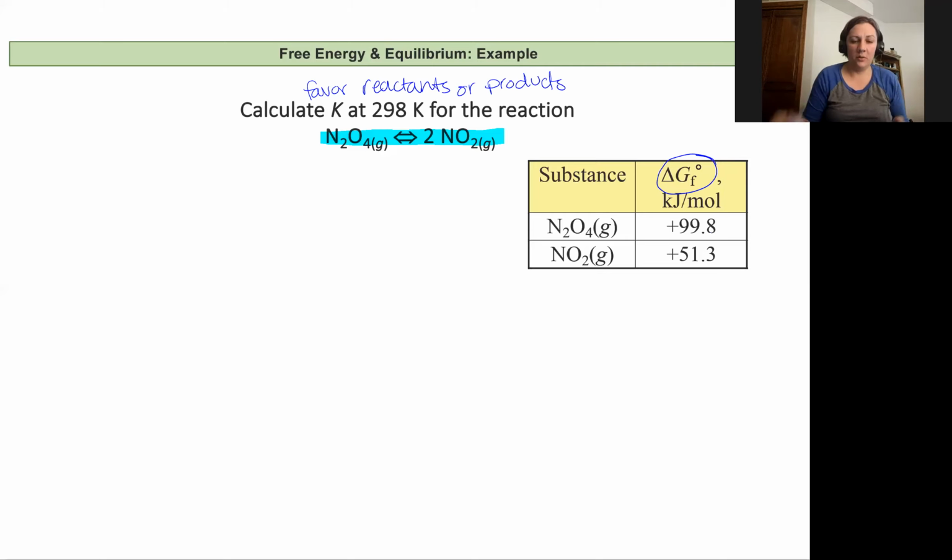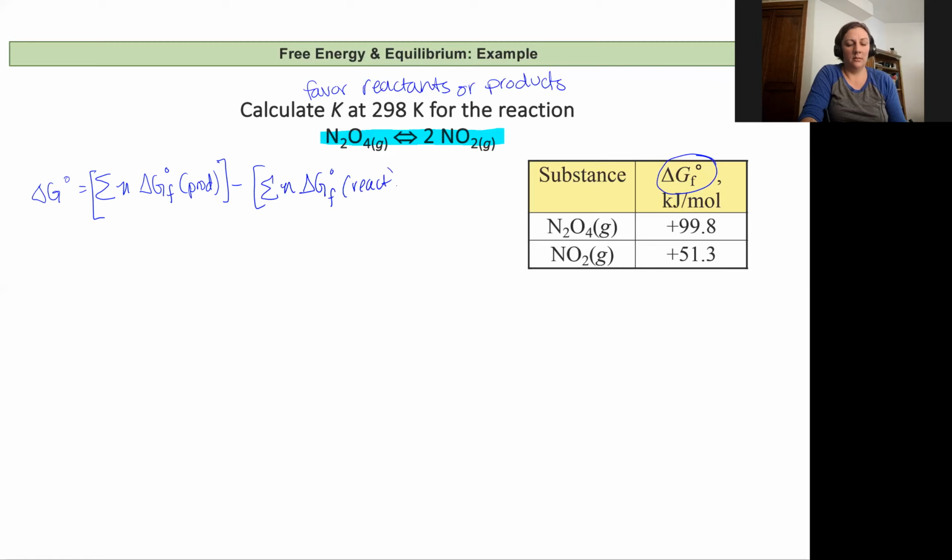So we're going to use two equations here. We're going to calculate the change in our standard free energy by calculating the sum of our free energy of formations for our products and subtracting from that the sum of our free energy of formations for our reactants times their coefficients.